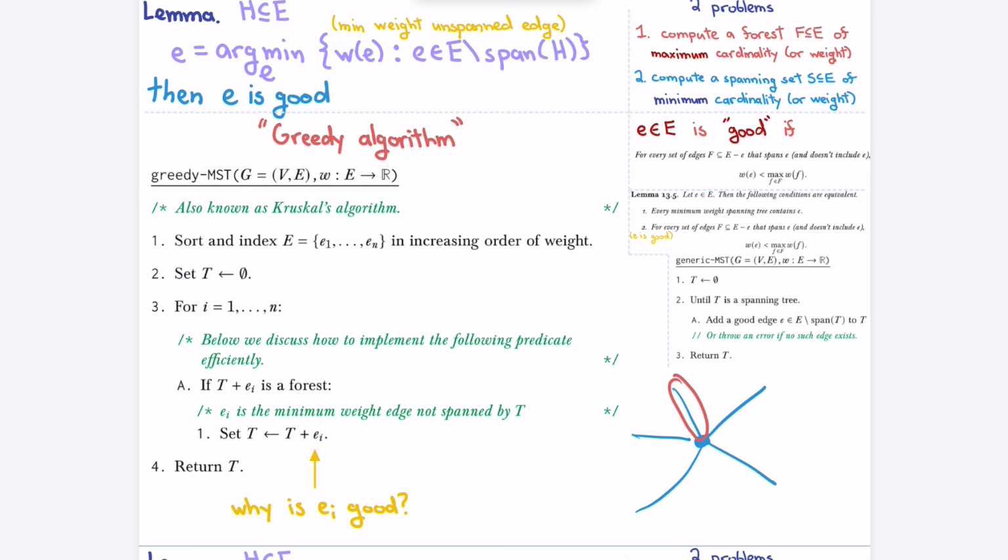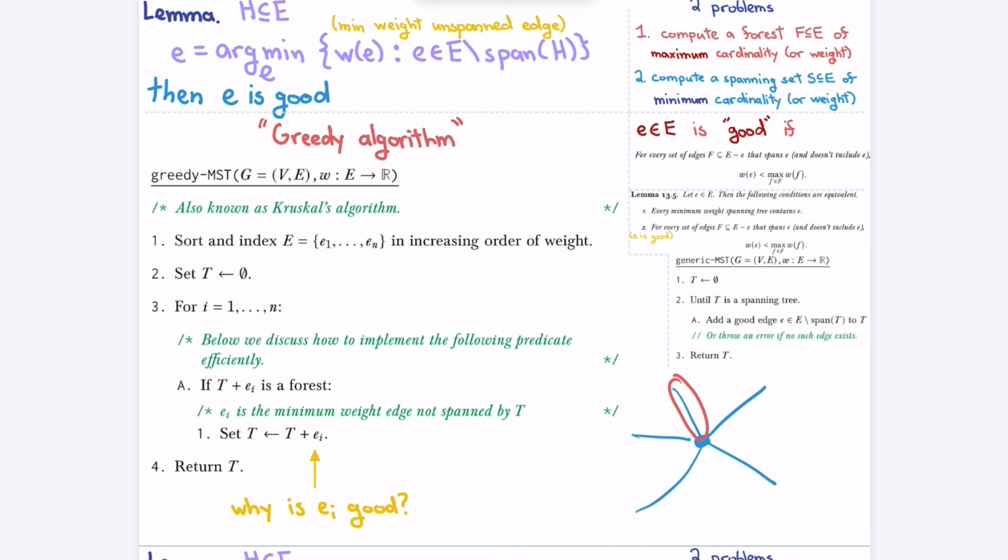Well, it's a little tricky because remember, the minimum spanning tree may have several of these edges. I know, but why? We have to articulate this. But there may be several edges that reach blue. Just work with me. Just find a simple set H to prove that this thing is good.